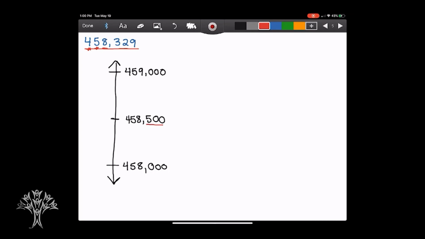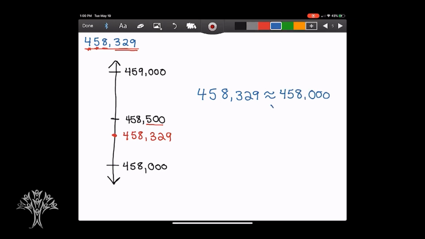I'm looking here and I see this is 500. Here's 300. So it's going to go down here somewhere. It's a little bit less than that midpoint. Did you get that? So if I'm writing this out, 458,329 is about 458,000.